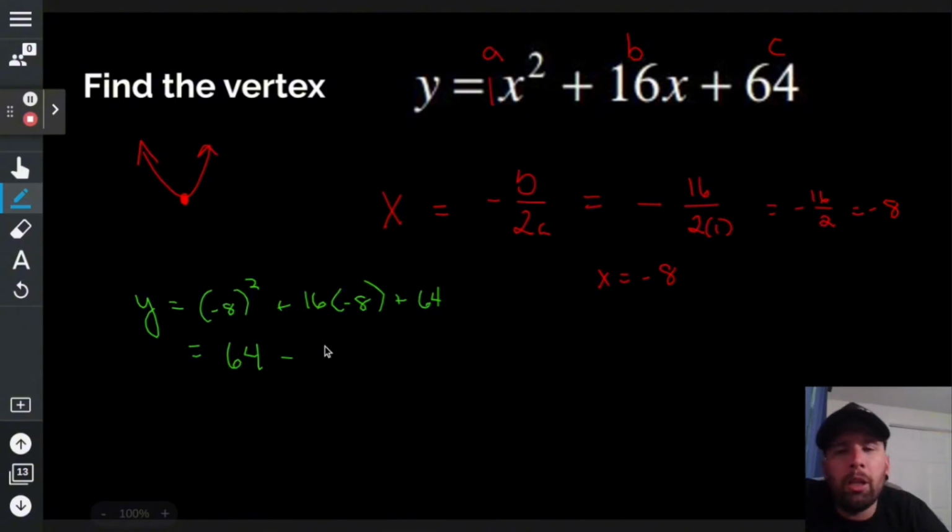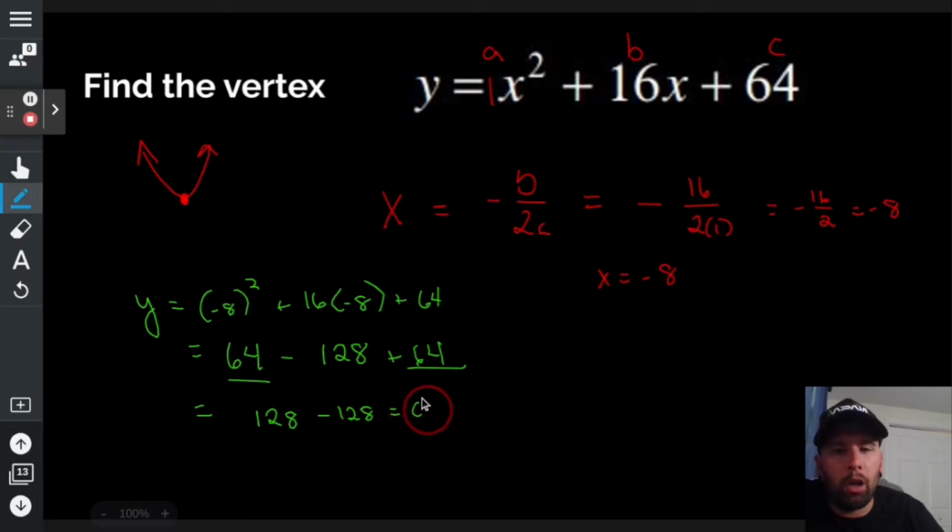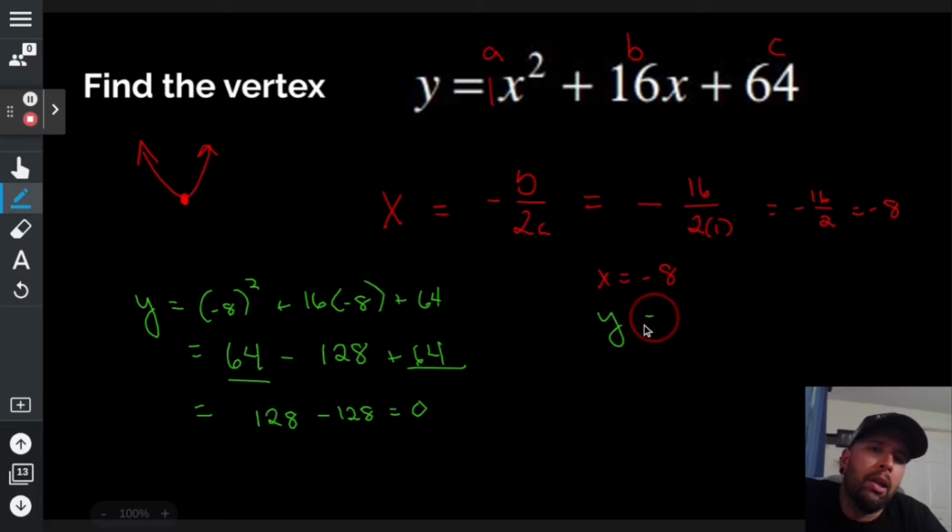This is going to be -128. And this is going to be positive 64. Oh, happy day. Why? Well, when I combine like terms, even though there's no like terms, if I add these two together, I get 128. And then if you subtract 128, you get a big fat zero, a goose egg. So y, writing it over here, is going to be 0.